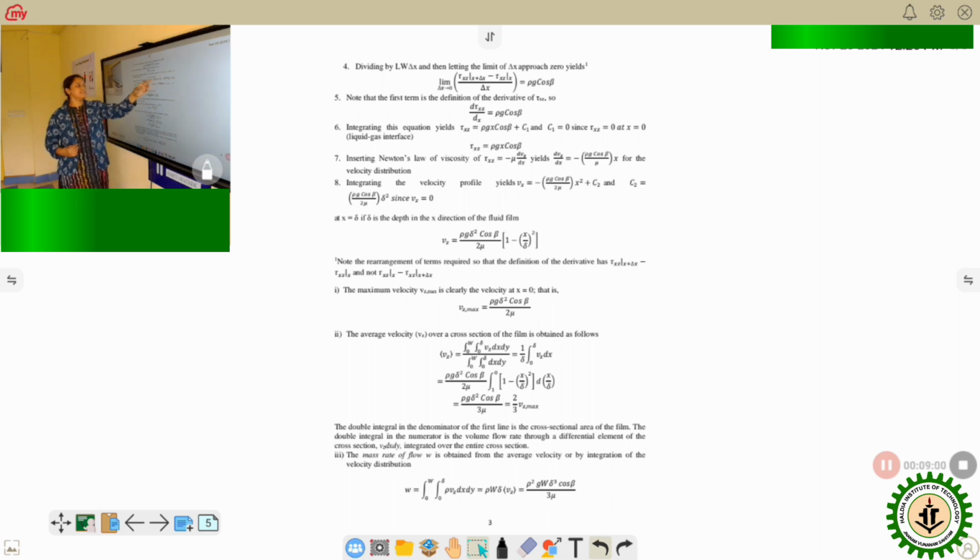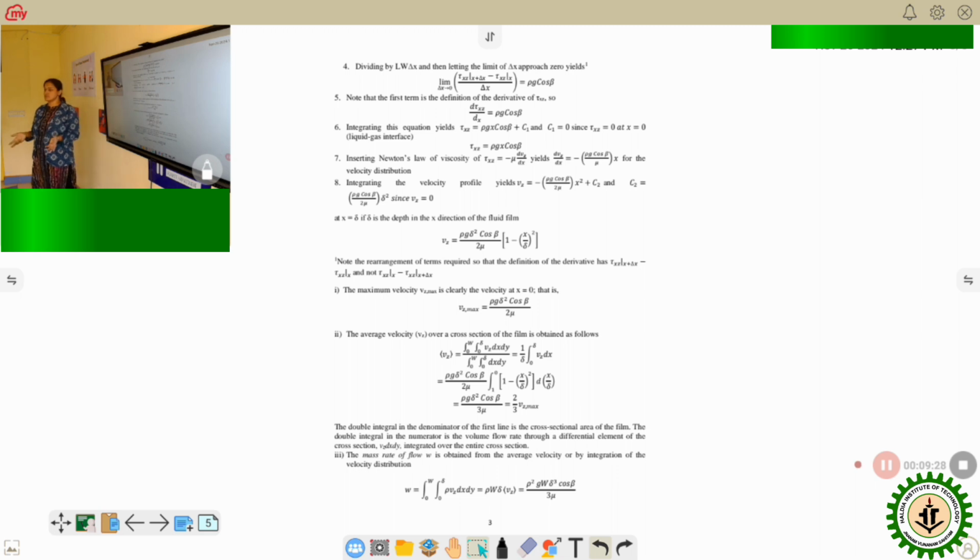So dvz by dx equals minus rho g cos beta divided by mu into x. After that, we integrate this equation and get the velocity profile: Vz equals minus rho g cos beta divided by 2 mu into x squared plus C2.